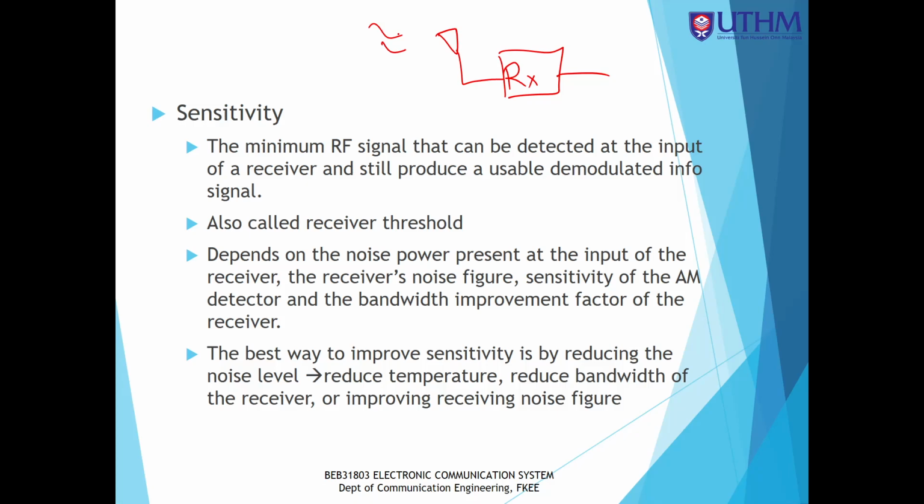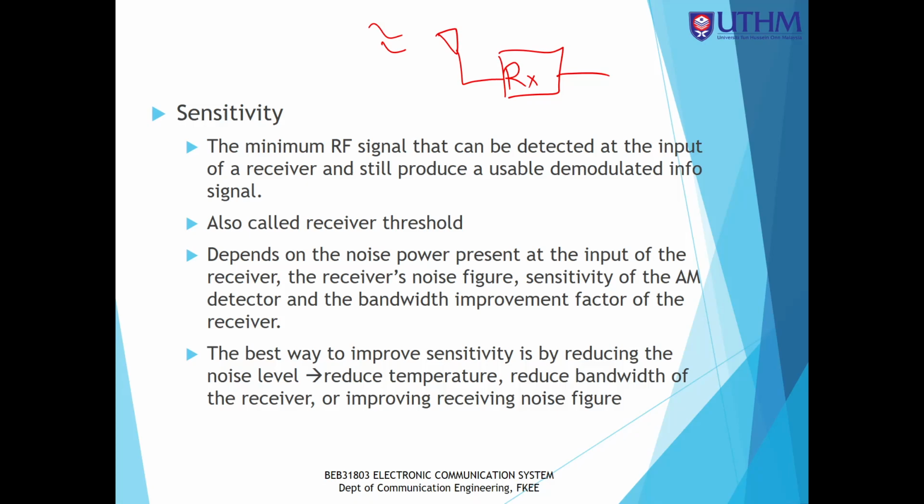the signal that arrives at the receiver has a low amplitude, because the signal has traveled from the transmitter to the receiver over a long distance. It has been attenuated many times.